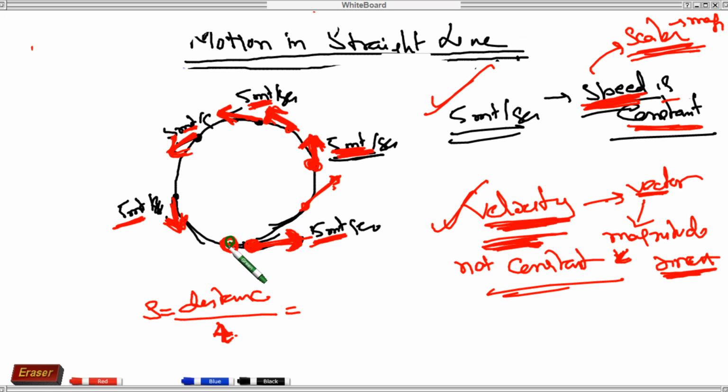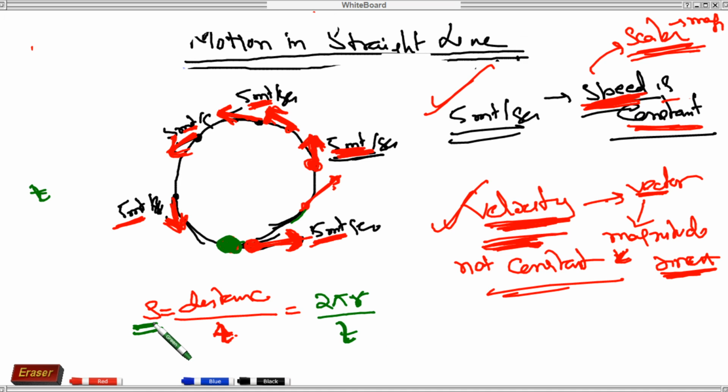From this point it started and it moved from here to here to here, and again came back to this point after time t. What we know is that speed is equal to distance upon time. So for the circle, what will it be? 2 pi r, the circumference, is the distance traveled. 2 pi r over t.